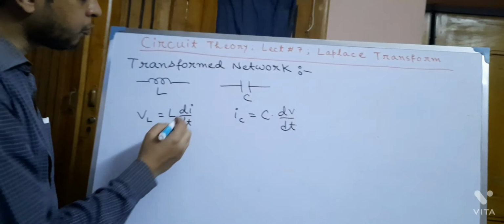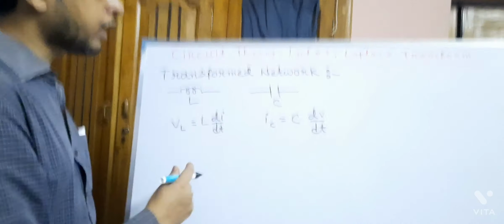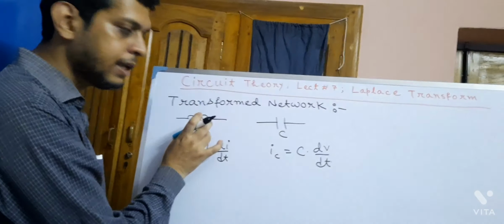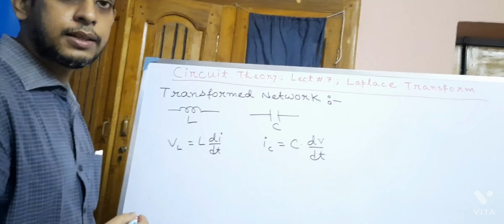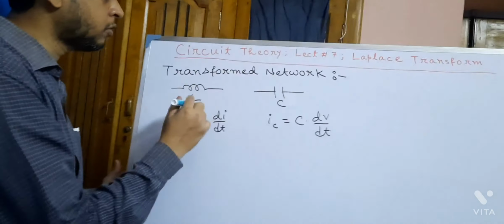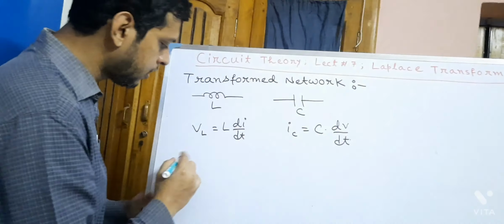Now we have to avoid these differentiation terms, so we have to convert the L and C by an equivalent transformed network. Let us see how we should convert these.